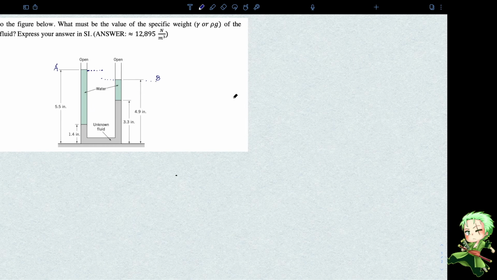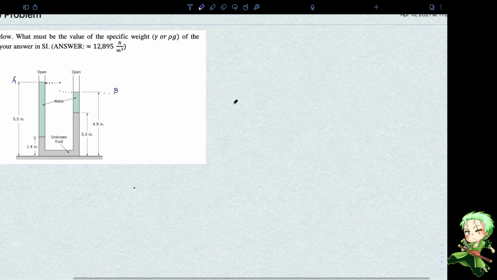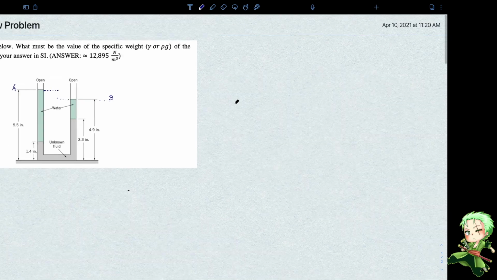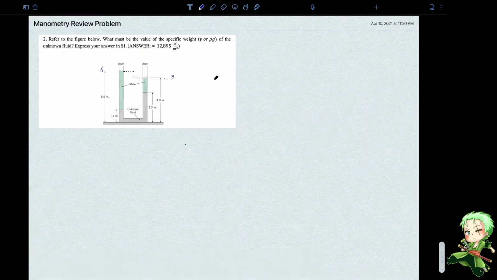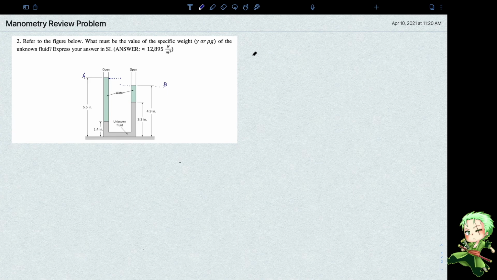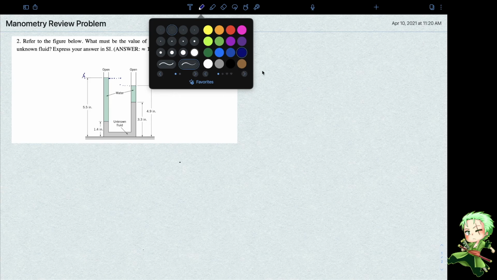As long as you always remember that whenever you go down, the pressure increases, so that means that the sign of the pressure is positive. But for my case, I will be starting from point A. So when I start from point A, I will have this expression here.